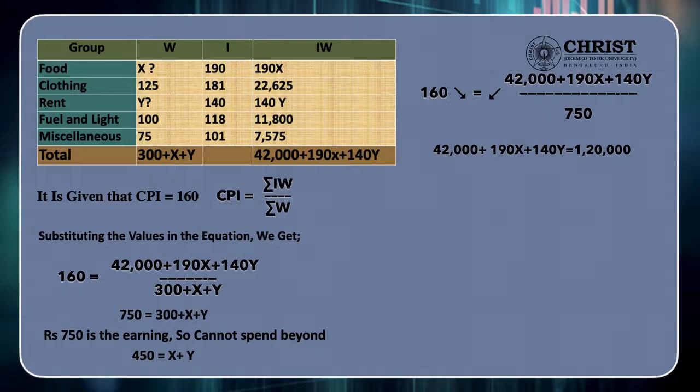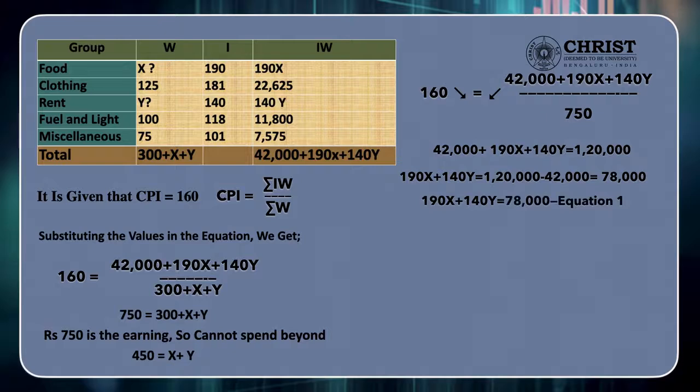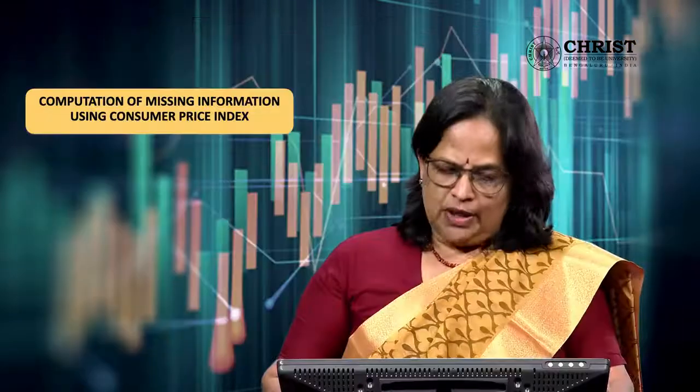Simplifying, 190x plus 140y is equal to 1,20,000 minus 42,000, that is 78,000. So we get the first equation, 190x plus 140y is equal to 78,000. That is equation 1. Now we know that 300 plus x plus y is 750, so 750 minus 300 is 450. 450 is equal to x plus y. This is equation 2.